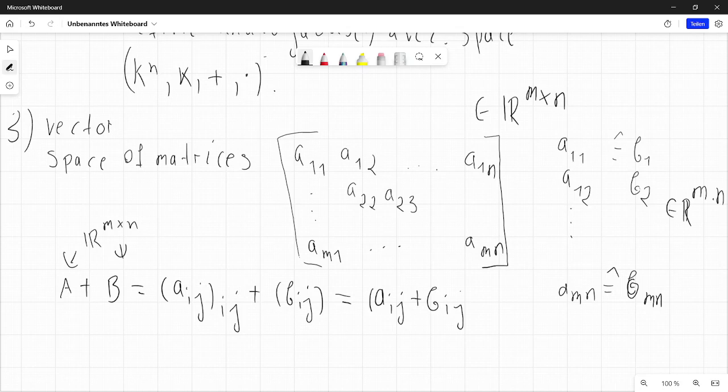Entry-wise addition means the size of the matrix stays the same, of course, and here stays the sum of the elements in the same position, right? A plus B is defined like that, and lambda A, well, what could it be? Of course, lambda A_ij is equal to lambda a_ij. Here I was a bit lazy. Right, so that's the space of matrices.